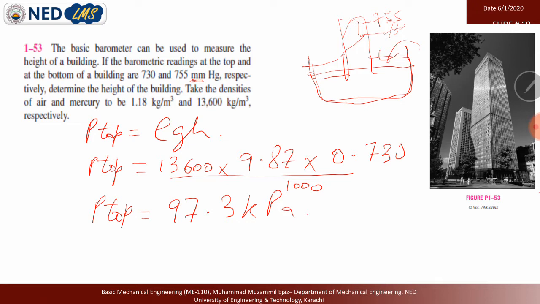Now we have to calculate the pressure at the bottom. For the bottom, we only need to change the height. We change the height from 0.730 to 0.755.